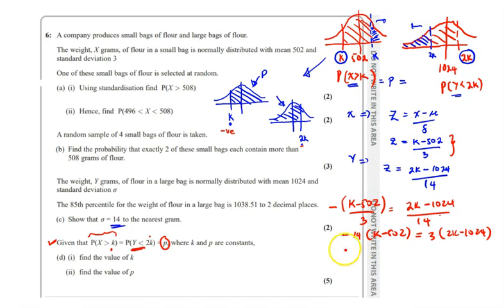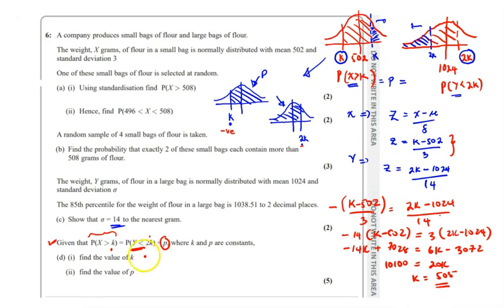When you do the algebra, you end up with minus 14k plus 7028 equals 6k minus 3072, and then you collect the like terms, you end up with 20k equal to that, and then your k is 505. That's your k value.